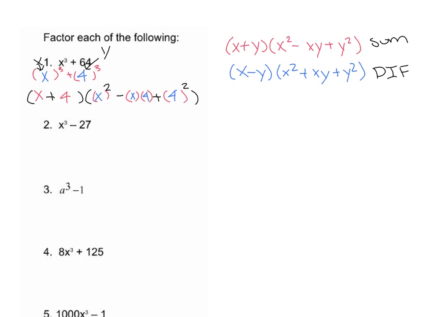So now let's break down our answer. We get x plus 4 times x squared minus x times 4 is 4x, plus 4 squared is 16. So that would be our answer.